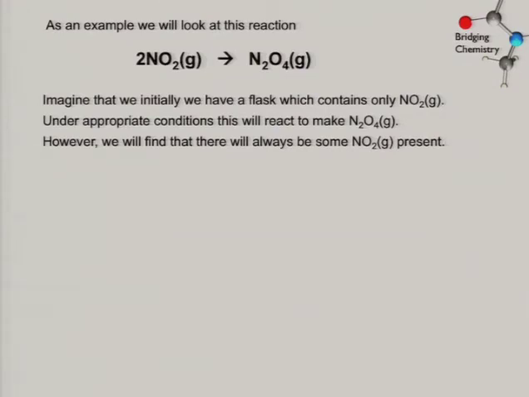We can change the conditions, and we can do this by heating it up or cooling it down or whatever, zapping it with electricity maybe. We can make this reaction happen. So we can start the NO2 turning into N2O4, but what we will find is that we are never able to turn all of the NO2 into N2O4.